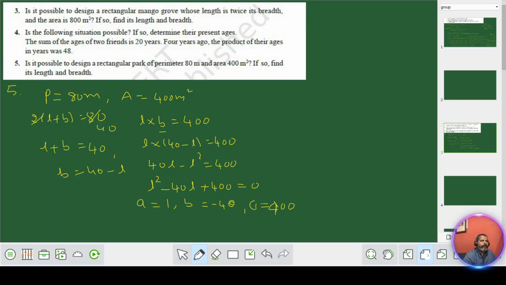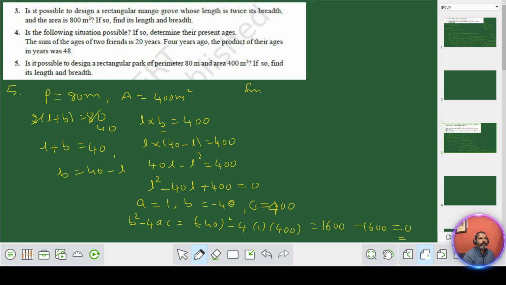Therefore, b square minus 4ac is equal to minus 40 whole square minus 4 into a into 400. What we get? 40 square is 1600, minus 4 into 400 is 1600. So 0. When the discriminant is 0, then roots are real, right? And equal.